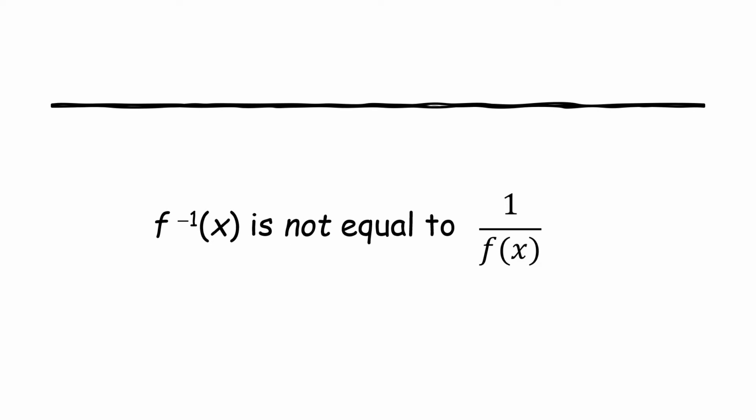In this case, we cannot apply that concept since the examples we have today are actually functions, not merely algebraic expressions. So if we have a function raised to negative 1, then that means inverse function, not the reciprocal.